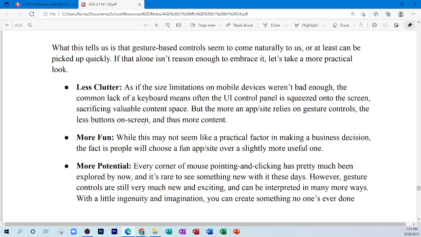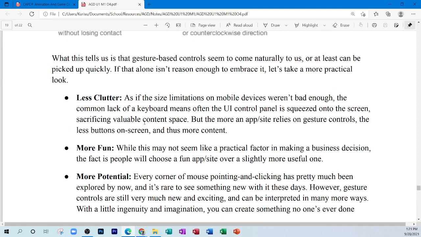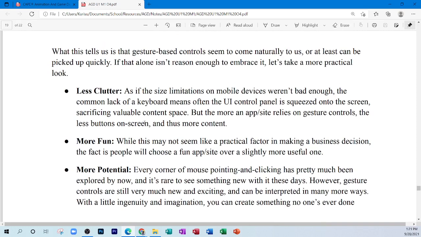It came to me naturally that I could move my fingers in these different ways, and different things were happening. So that is one of the driving forces of using gesture based UI, because of how naturally it comes to us to use it.